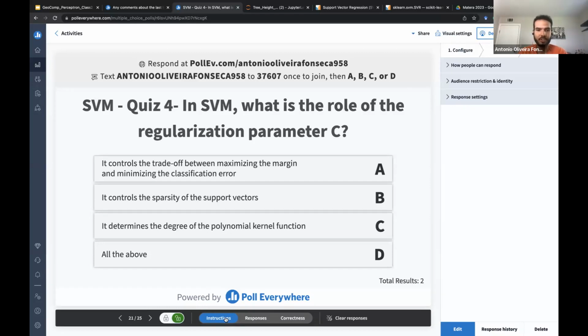So the parameter C now is talking about the regression.